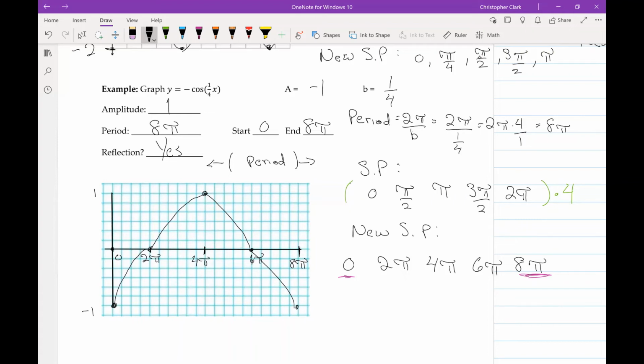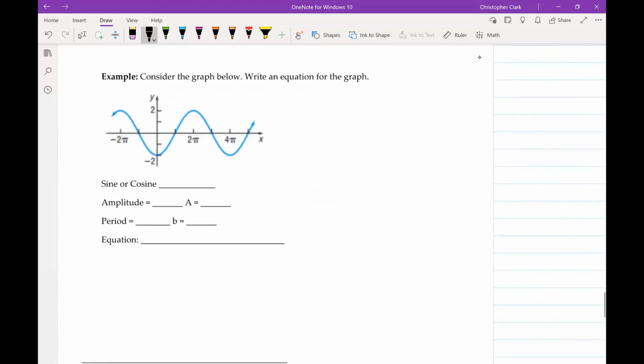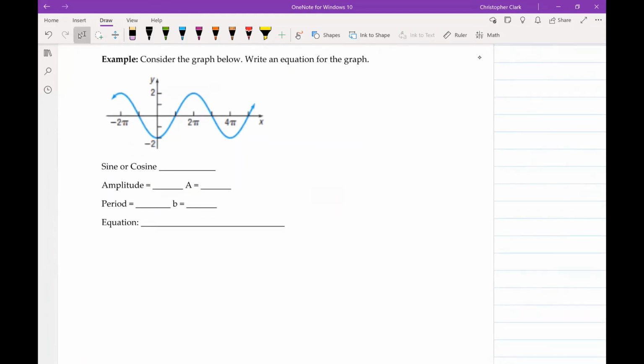All right. So final thing right here, we've been starting with a function and graphing it, but can we go the other way? Well, the answer happens to be yes. So what equation could this be?